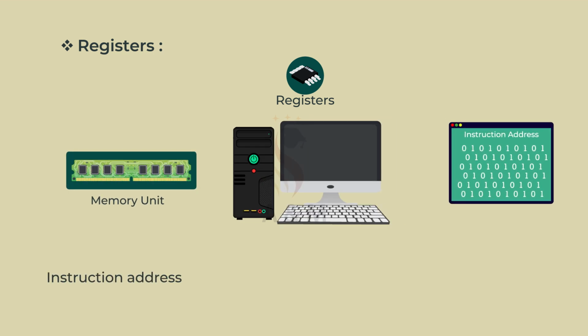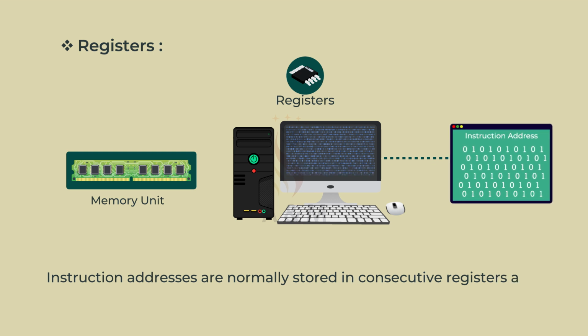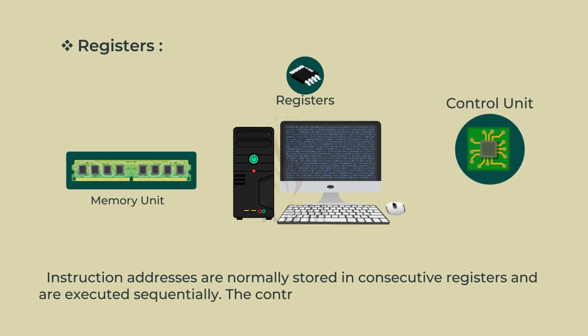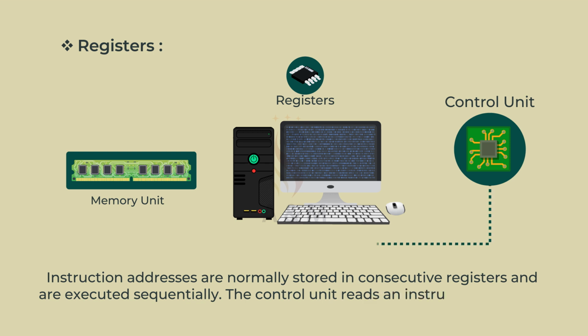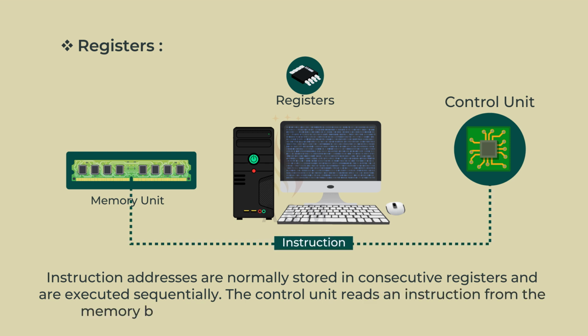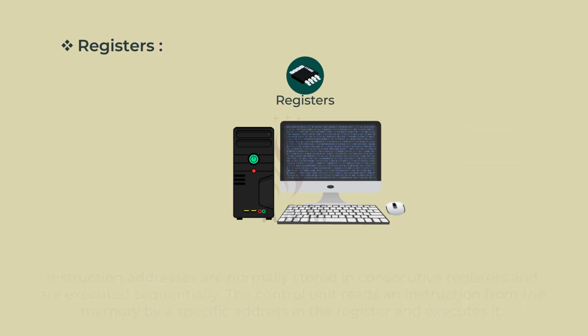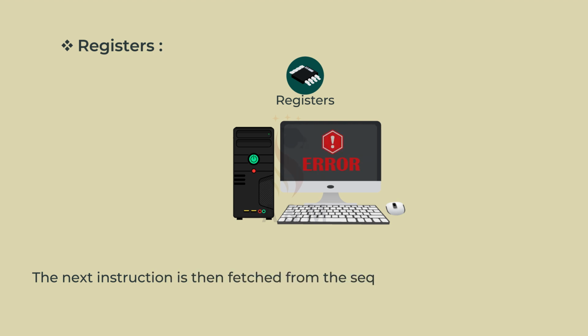Instruction addresses are normally stored in consecutive registers and are executed sequentially. The control unit reads an instruction from the memory by a specific address in the register and executes it. The next instruction is then fetched from the sequence and executed and so on.